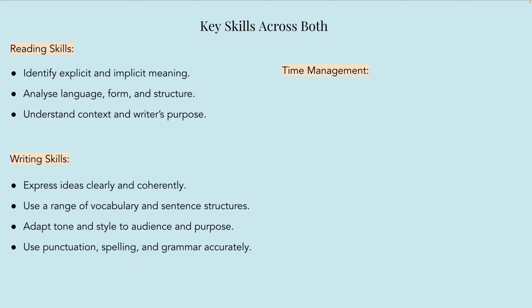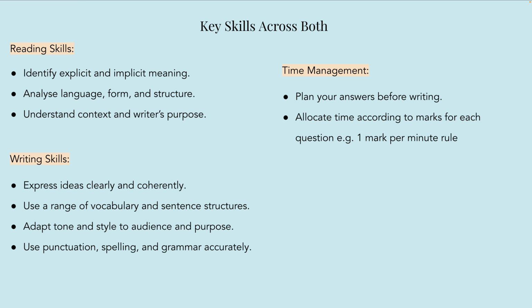Time management is essential for exams. Planning answers before writing is important. The examiners can tell who has planned their answer and who has not, especially the creative writing questions on English language. Allocating time according to marks for each question is useful. There's the mark per minute rule or a mark and a half per minute, whichever one works best for you.